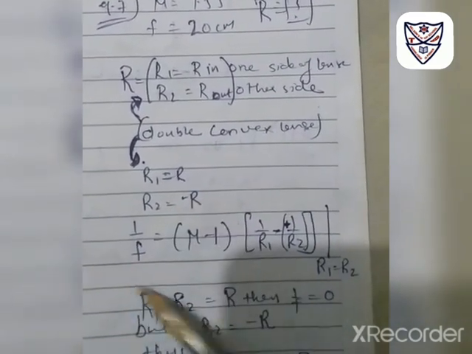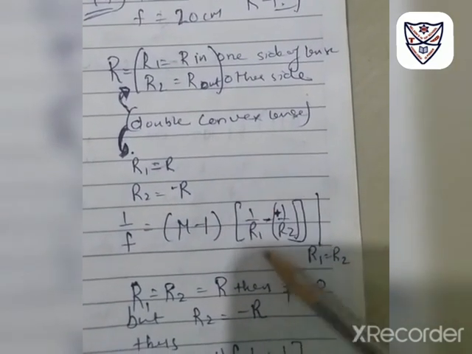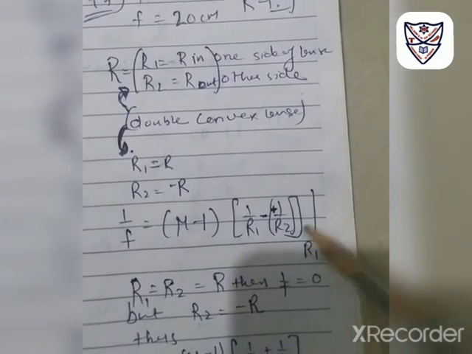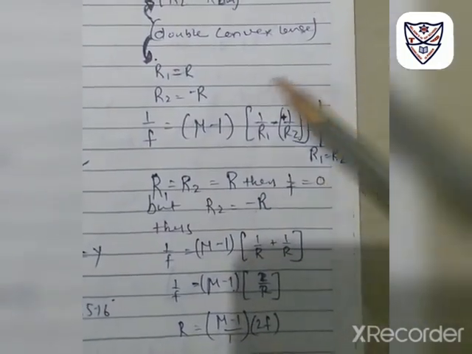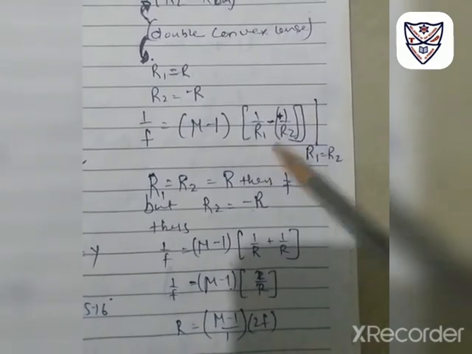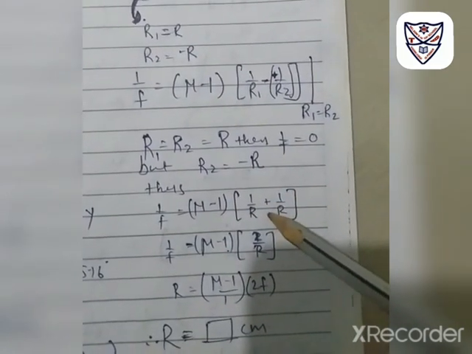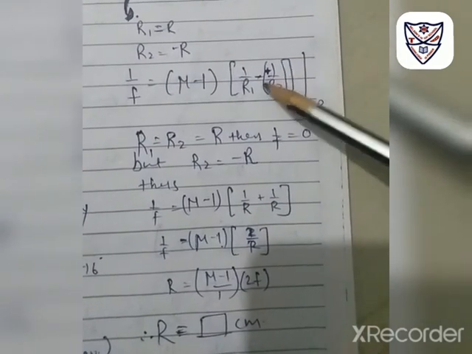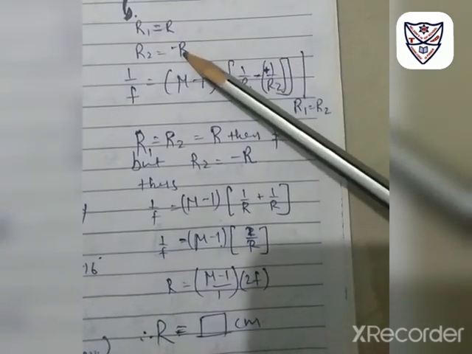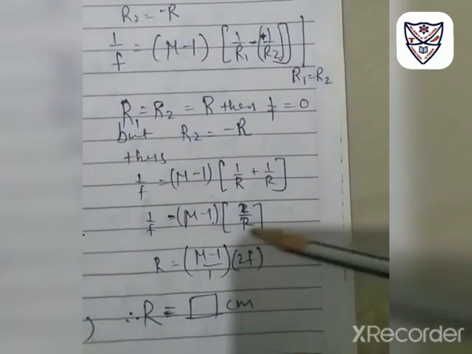So here I can use the formula 1 upon f is equal to (mu minus 1) bracket 1 upon R1 minus 1 upon R2. But I know that my values of R1 and R2 are negative, so I will use the plus sign in the formula. Just making R2 equal to negative R, I will get plus here.